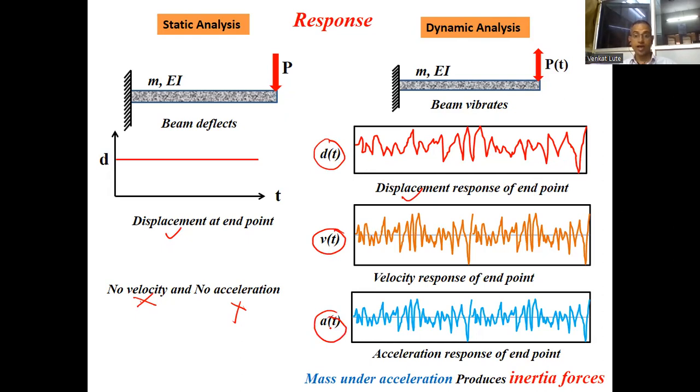And apart from that, the mass under acceleration produces inertia force. This is an additional thing which is in the dynamic, which is not in the static. So you are going to get an additional force called inertia force in the dynamic analysis, which you neglected in the static analysis.